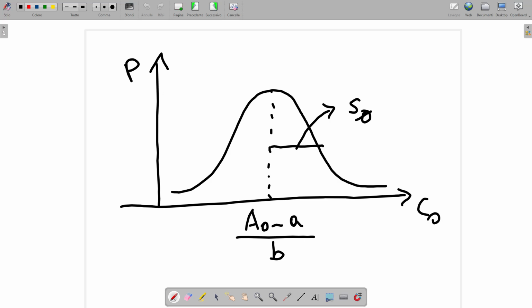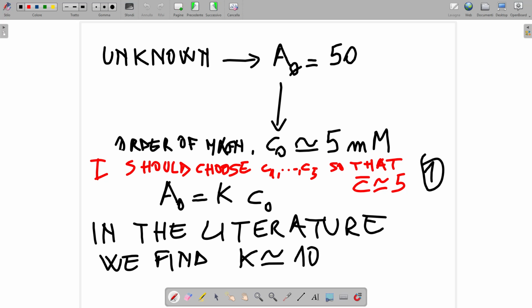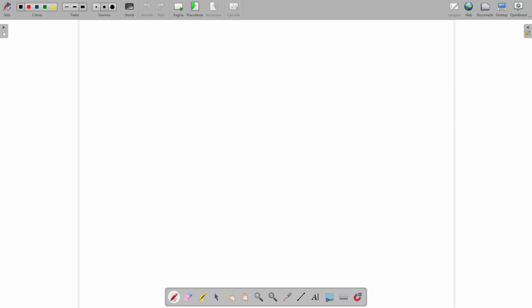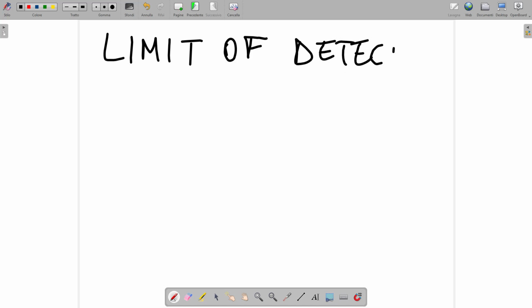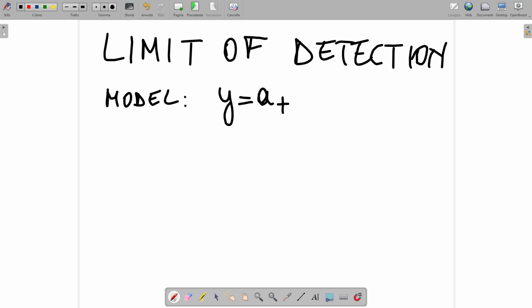So let us discuss what is the limit of detection. Now it is more simple in explaining this to use a generic formula for the model. So I will write the model as y response equal to intercept plus slope multiplied x.